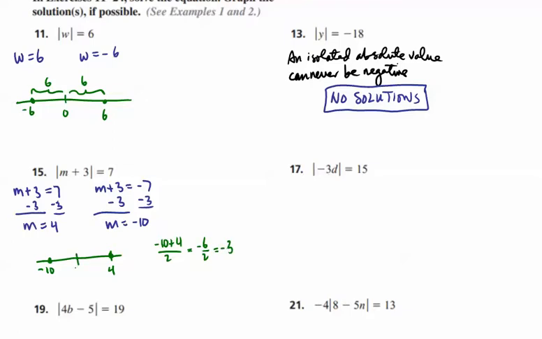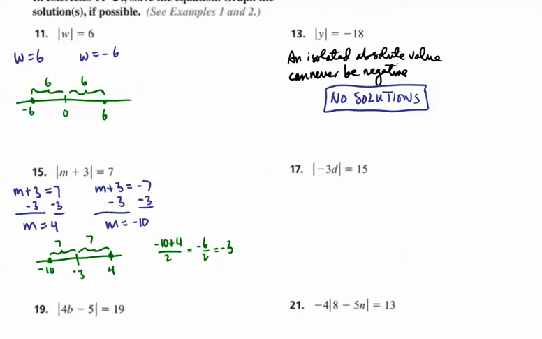So my center is negative 3, and the distance from negative 10 to negative 3 is 7. The distance from negative 3 to 4 is also 7. So we can see what this question is asking is, what number or numbers are 7 units away from negative 3 on the number line?